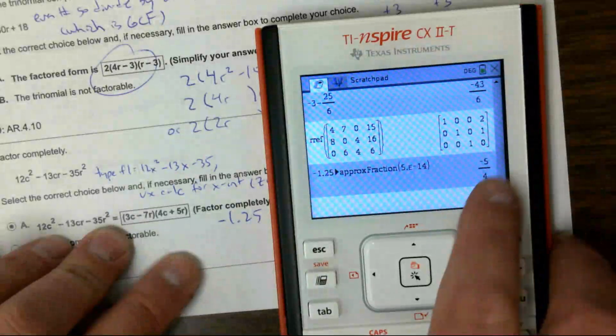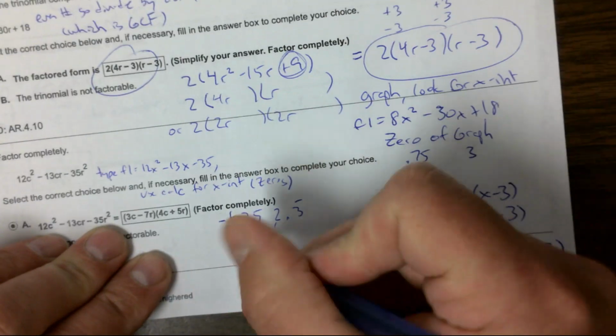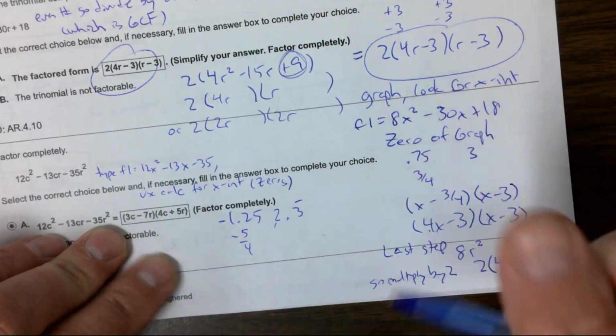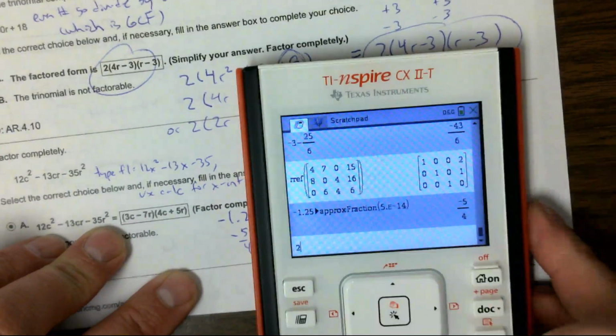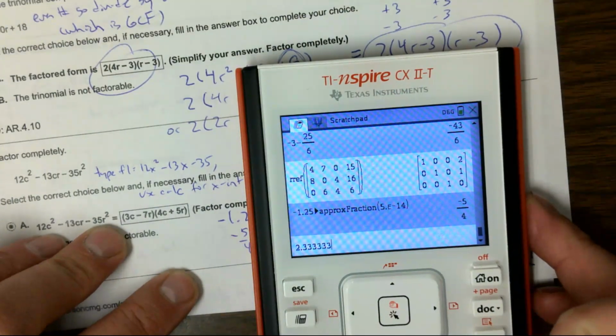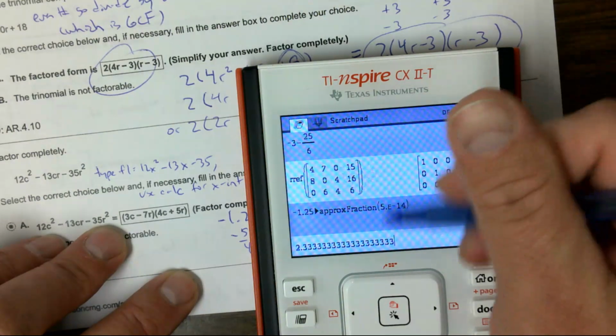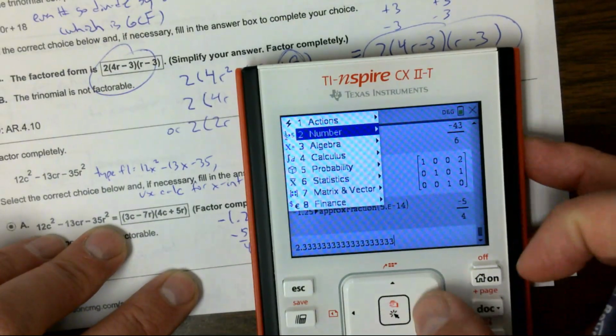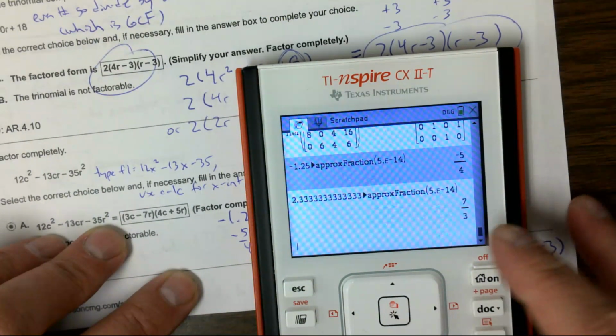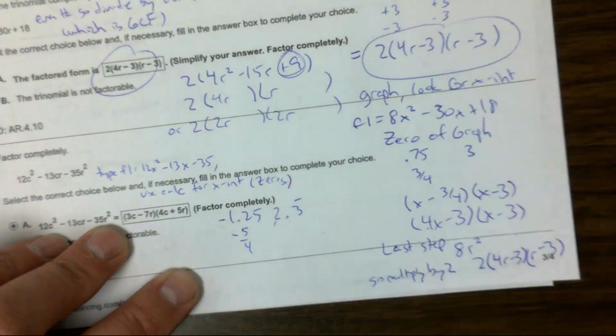That gives us negative 5/4. And then type a bunch of 3's. Remember, the key is to go at least halfway. Then do menu, number, fraction, and that gives you 7/3.